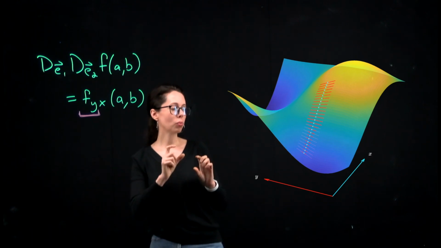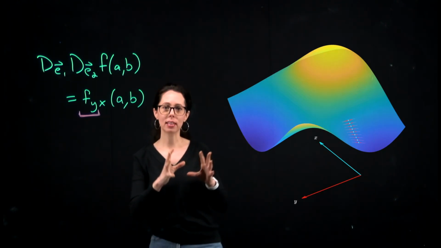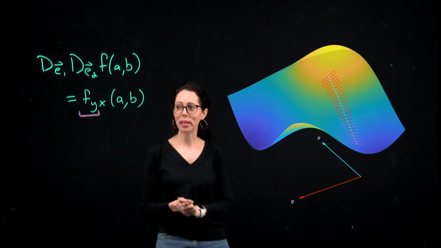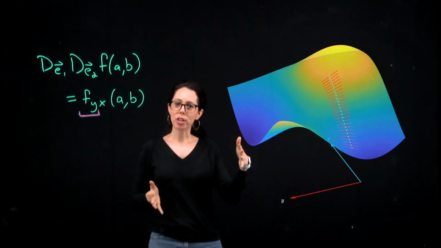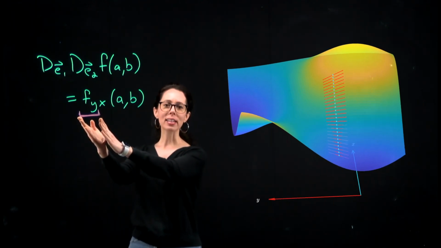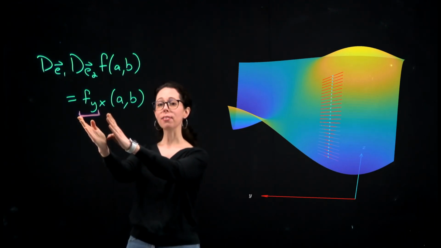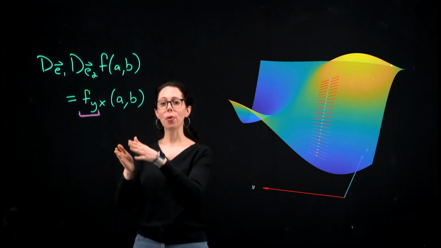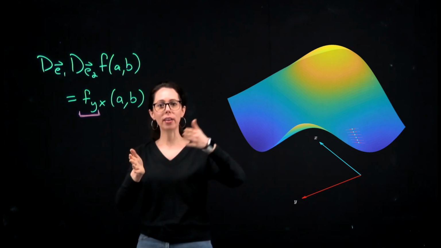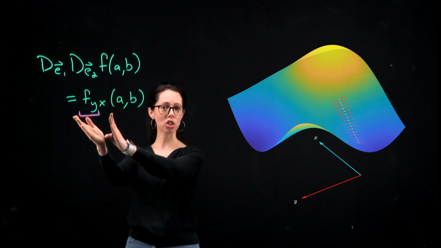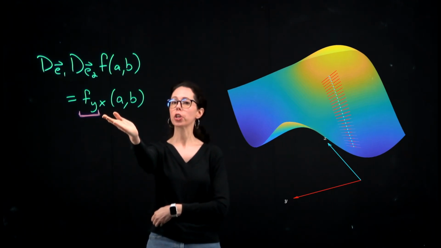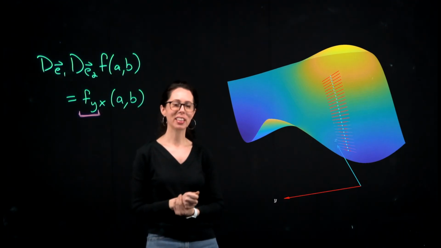So each of those little red segments is measuring the sensitivity of f with respect to the y coordinate, and I'm stretching it out over several points to illustrate how that slope changes as a function of x. This progression of slope values is happening in the x direction. So it's like, how is df dy changing as you perturb the x coordinate? That's what I'm trying to illustrate here.